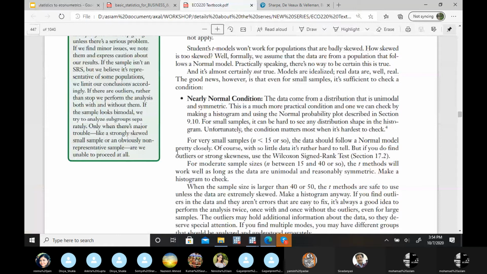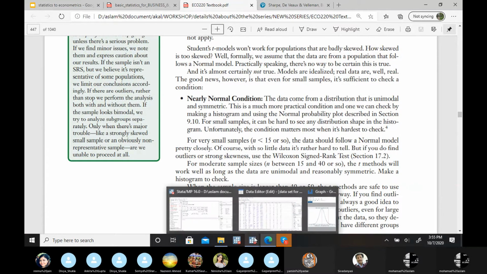Another one is the nearly normal condition. You have to look at this because the t distribution is based on a normal distribution, not a skewed distribution. So your data needs to be normally distributed. Always check whether it's normally distributed or not. In this particular case we don't have the data, so I can't show whether it's normally distributed. But if you have the data, then we can cross check it.